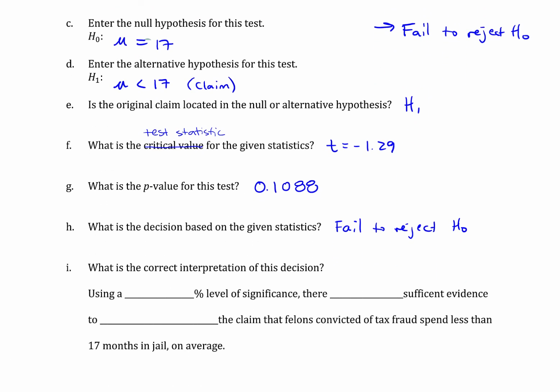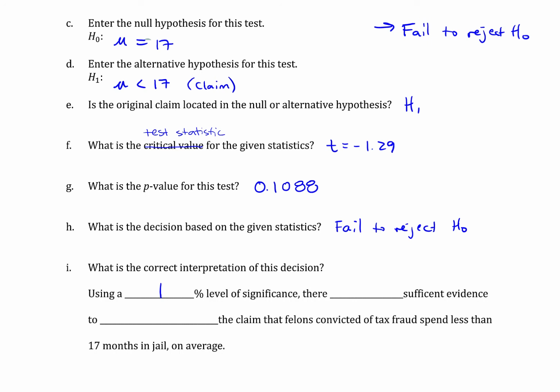And lastly, what is the correct interpretation of this decision? Using a 1% level of significance, just restating what that was, because you can have different interpretations based off of different levels of significance. If you reject the null hypothesis, you're going to use stronger language: there is sufficient evidence.